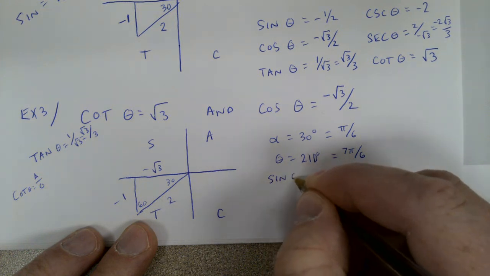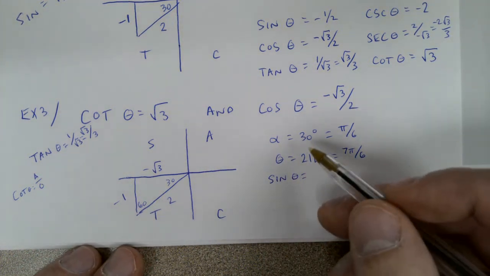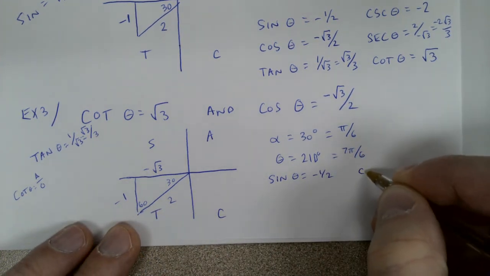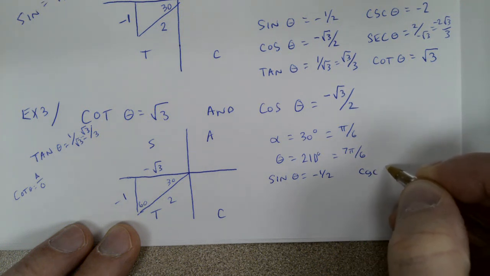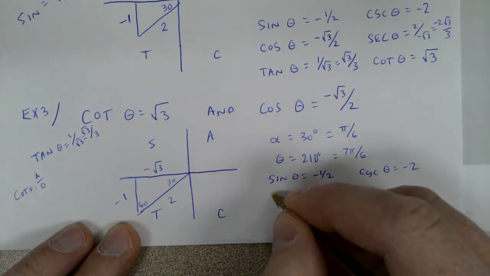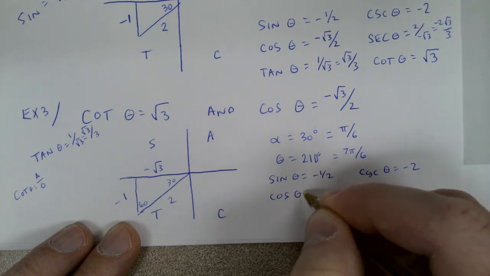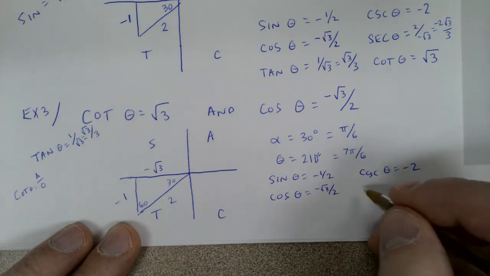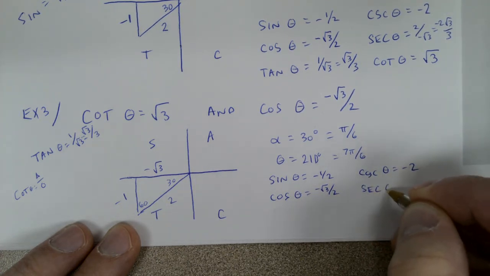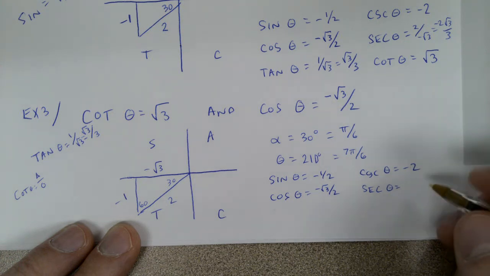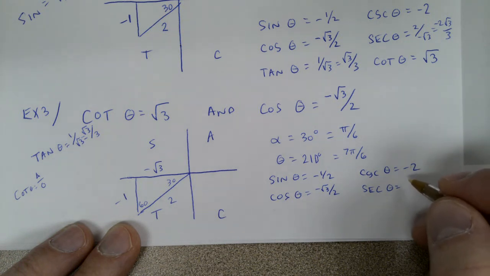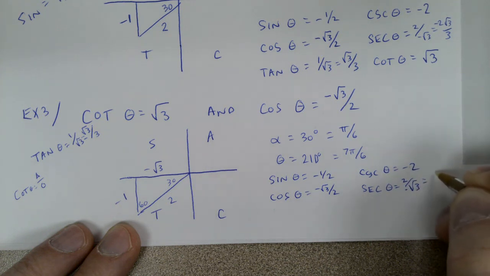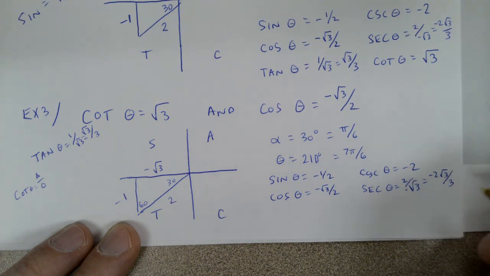The sine of theta is going to be, again, opposite over hypotenuse, so negative 1/2. Cosecant is still going to be negative 2. Cosine, we already know, is negative radical 3 over 2, which makes secant theta 2 over negative radical 3, which again is negative 2 radical 3 over 3.